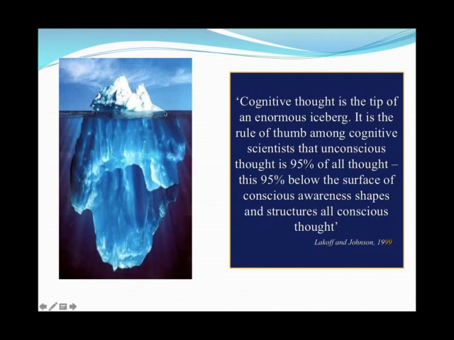So this is like an iceberg, and there's so much more of an iceberg under the water than above the water. All this part under the water, this unconscious thinking or intuitive thought, is such a high percentage that it really shapes and structures all of our conscious thinking.